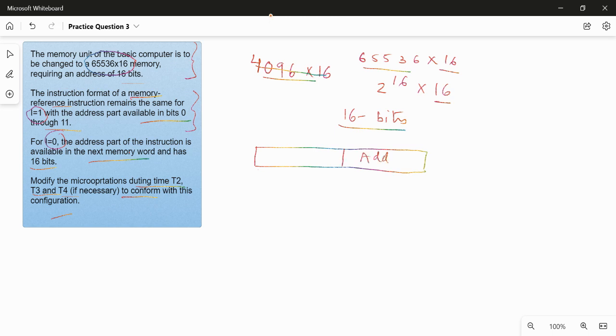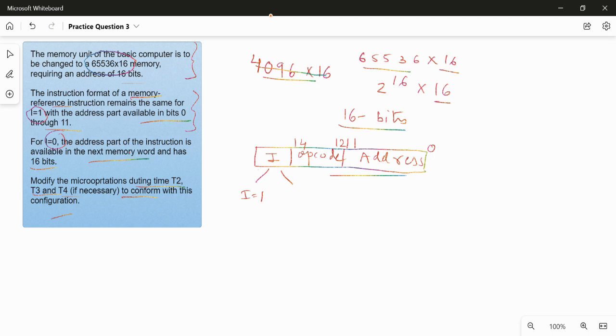So this is how the instruction code format will look like for any memory reference instruction. The first part will have the address of size 12 bits, bits 0 to 11. The next part would be the opcode, next 3 bits, so 12, 13, and 14. And the last bit, the MSB, would be the addressing mode bit, which will be stored in a flip flop I. So here, if I is 1, then we don't have to change this configuration.